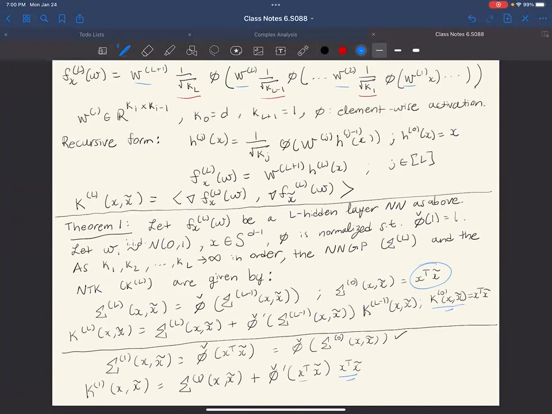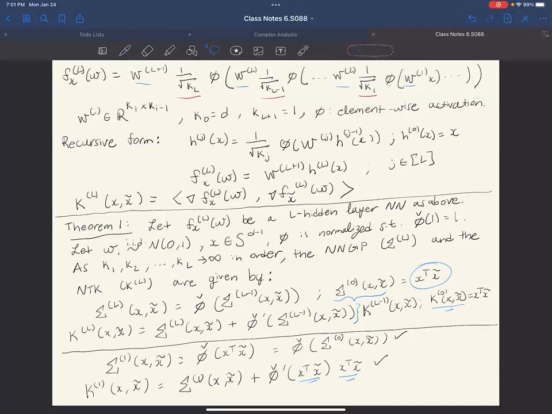And then this derivative of the dual here, we would just substitute in sigma 0. And so we get exactly this formula here. And this is, again, another check. So the formula holds for the case when L equals 1. And so this should give you some intuition as to how we're going to prove this. The idea is, if you see it holds for this one step, we're going to use this as the base case for an inductive proof of this theorem. And so let's actually go to that inductive proof.